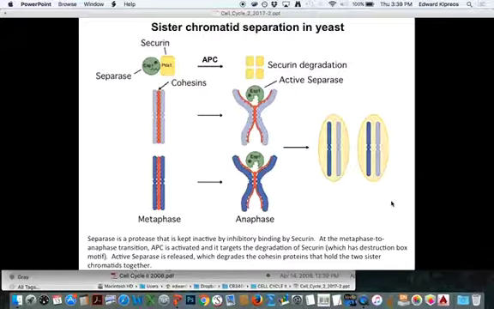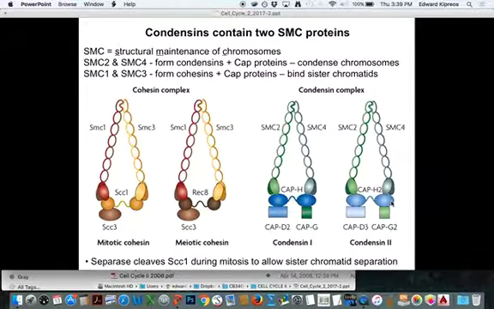All right. So what APC is doing is there's a protein called separase, which is going to separate the chromosomes by cutting the cohesin. So these cohesins have a cap, and for the mitotic cohesin, the cap is SCC1 and SCC3.